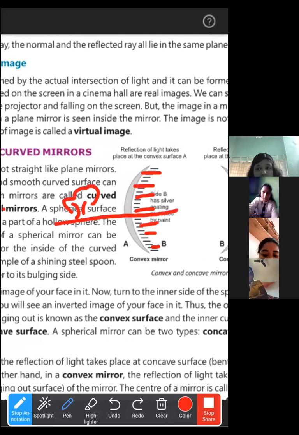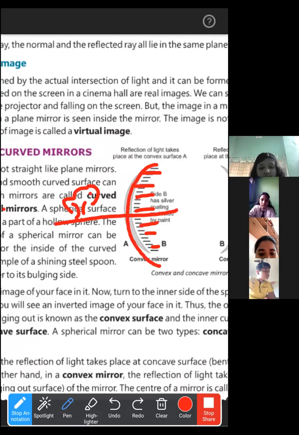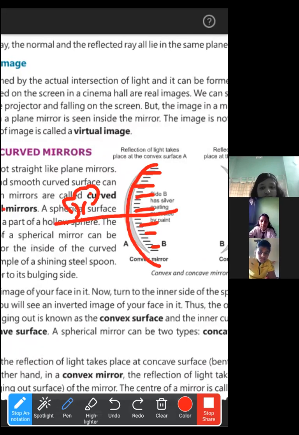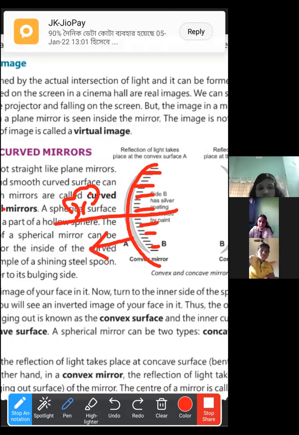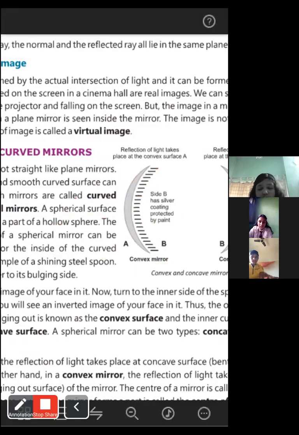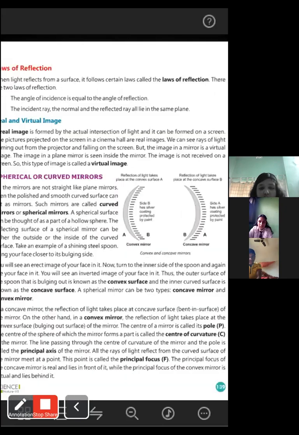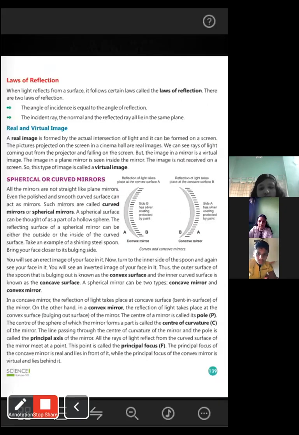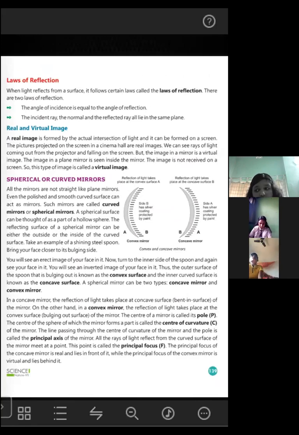So if the side or surface of the mirror facing the object is curved to the outward direction, then it will be called the convex mirror. Always draw the image and then try to understand, so that there is no confusion in your mind about what is convex and which one is concave.